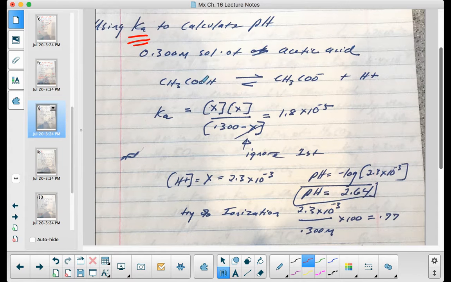So if I have my solution of acetic acid at 0.3 molar, I'd set it up like this. If I know my Ka for the acetic acid is 1.8 times 10 to the negative fifth, that would be a given value in the problem. Then I know that the Ka expression is going to be x times x.